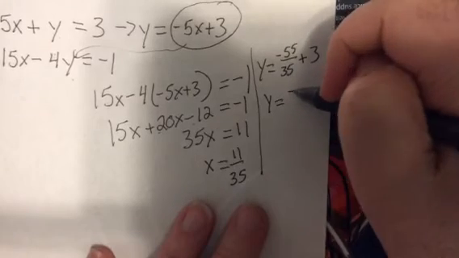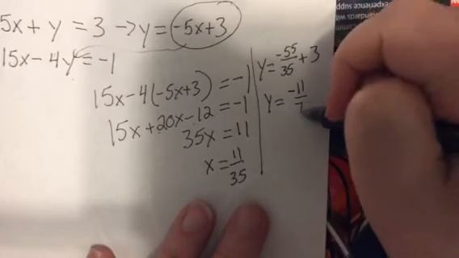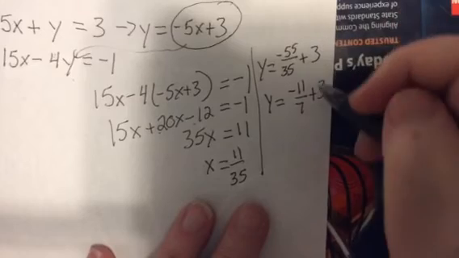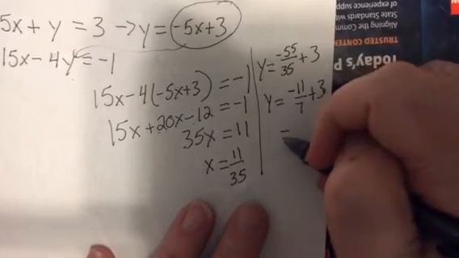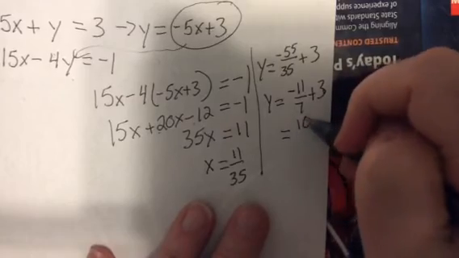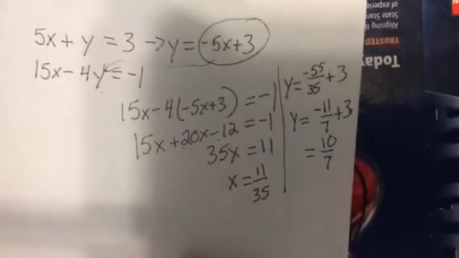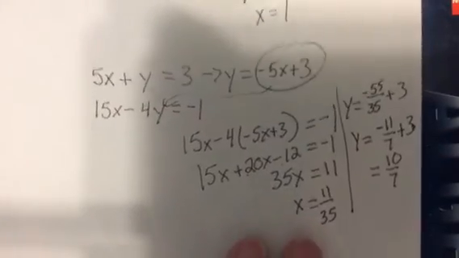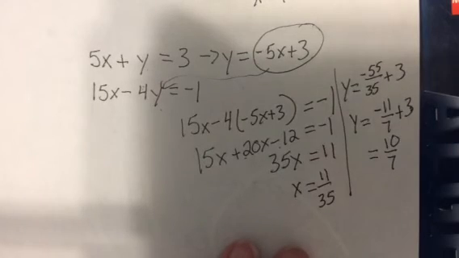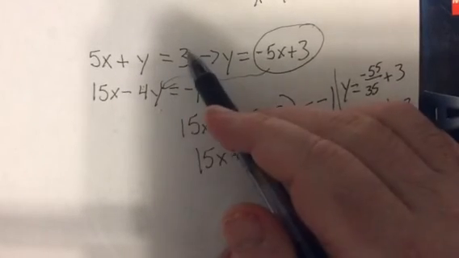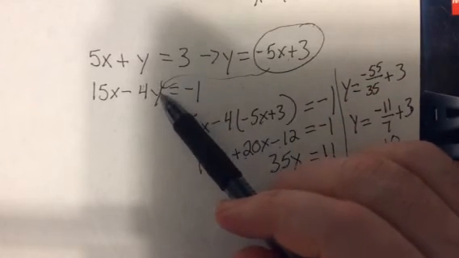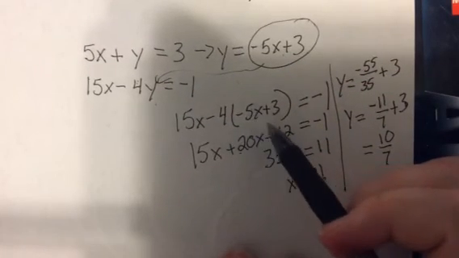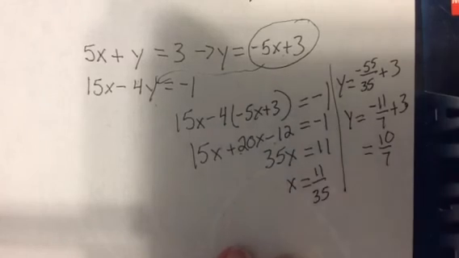Simplify by 5, so negative 11 over 7 plus 3. This is 21 over 7, so this would be 10 over 7.